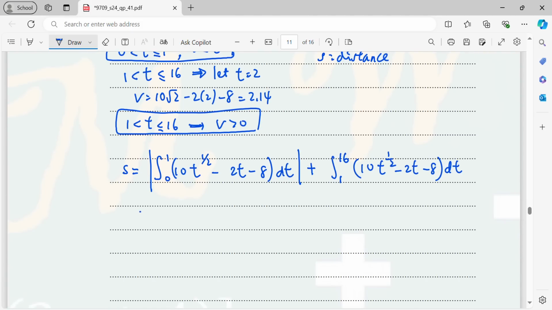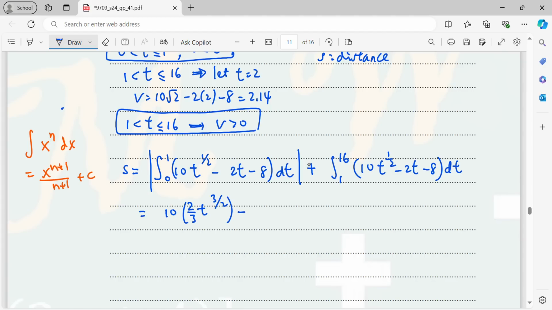Now here, when you integrate 10t power half, that is 10t to the power 3 over 2 divided by 3 over 2, that means you times 2 over 3. Because our integration is integrate x^n dx, then you have the plus 1 to the degree over the new degree. This is without limits.